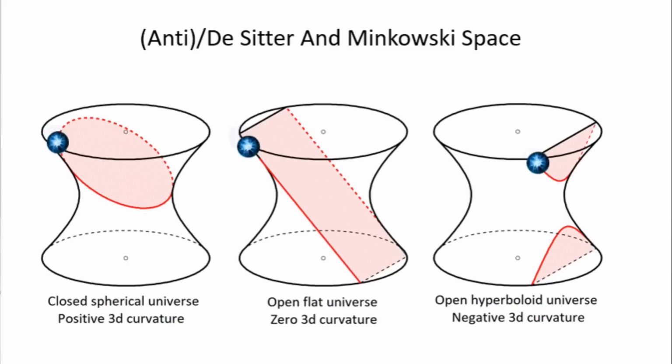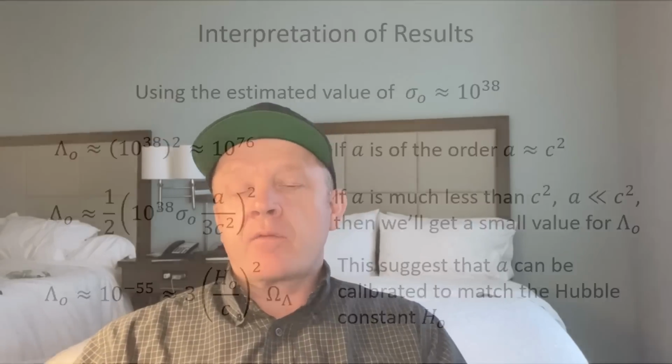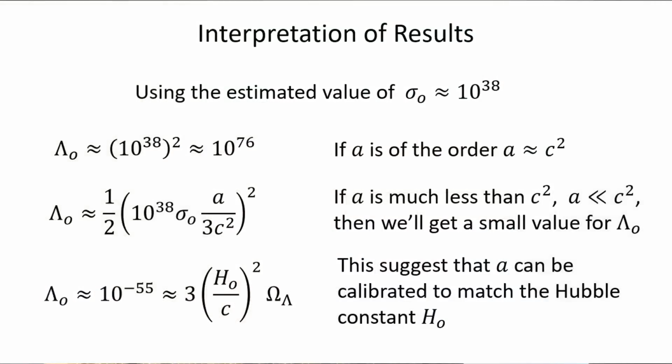I think that this may solve the cosmological problem, because on the one hand, we calculate a very small value when we look at cosmological models, but then when we calculate and quantize electromagnetic fields, we get a rather large value. I'm not going to go into a lot of detail on the cosmological problem. There are lots of other videos out there that explain it.